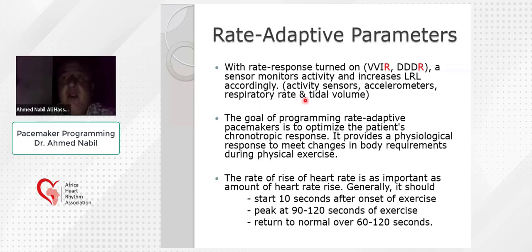If I have the option of VVIR, and all the single chamber pacemakers now have this R option, this can increase the heart rate according to the sensors or the movement sensors that are there, to increase the heart rate at exercise or at movement, and I can adjust the rate of rise of the heart rate and the rate of decline of the heart rate, and the percentage of increase and the maximum heart rate that can be adjusted.